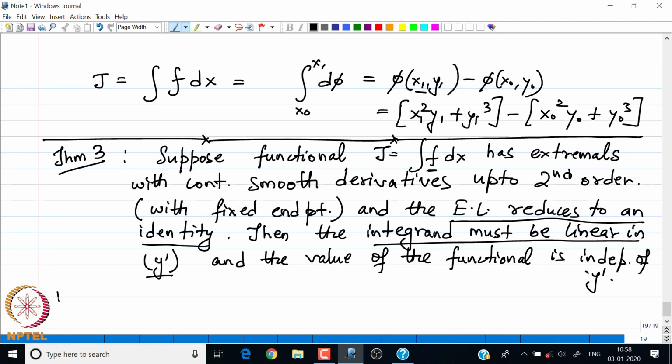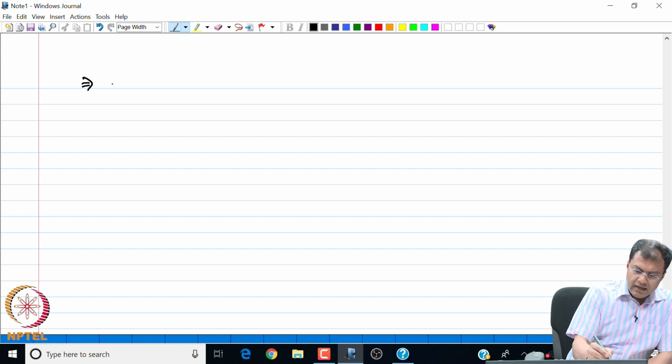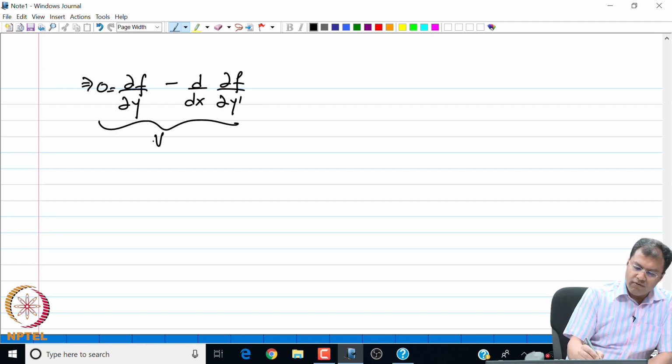So, let me do a quick proof before we end our lecture session. Suppose, let us assume that the Euler-Lagrange equation is an identity, right. So, which means that we have the following equation satisfied for all x, y, right: partial f partial y minus d dx of partial f partial y prime is equal to 0, and this is satisfied for all x, y, since Euler-Lagrange is an identity.